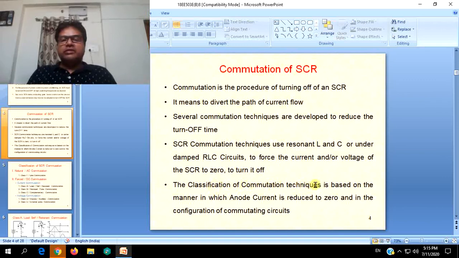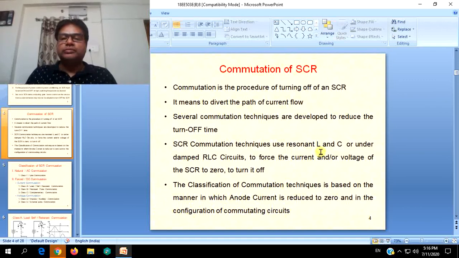The classification of commutation techniques is based on the manner in which the anode current is reduced to 0 and on the configuration of commutating circuits. Configuration of commutating circuits means how the commutating components are connected. What are the commutating components?